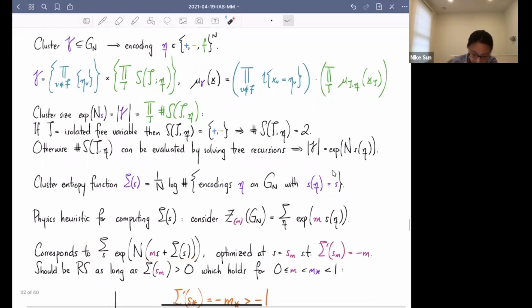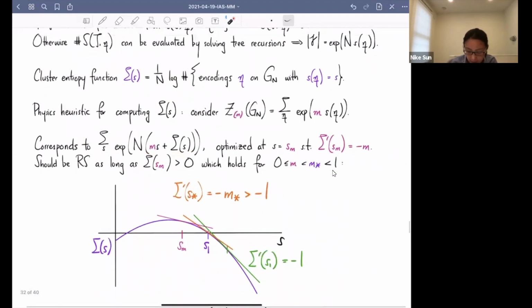The main thing that we gain is that this model, where you weight the cluster by its size to the power m, should be replica symmetric, provided that you have many clusters of that size. This should be true as long as m is small enough, so m should be smaller than this m star, which corresponds to this slope here.